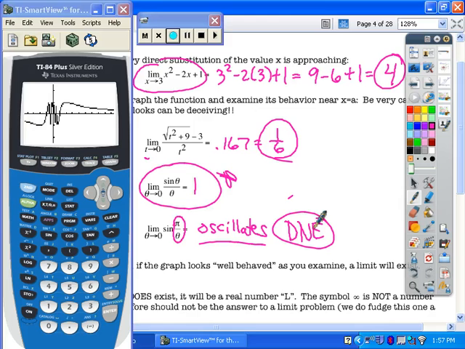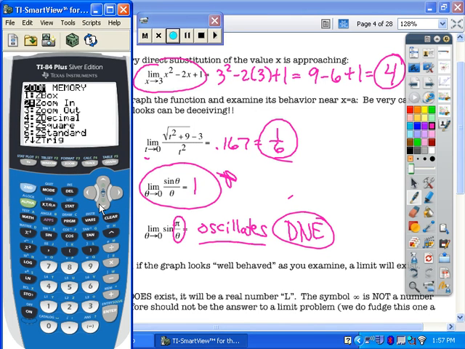If you zoomed in on that portion a little bit further, and I didn't zoom in the right spot, but if you did, you would just see more oscillating occurring. And that's kind of the nature of these types of problems.